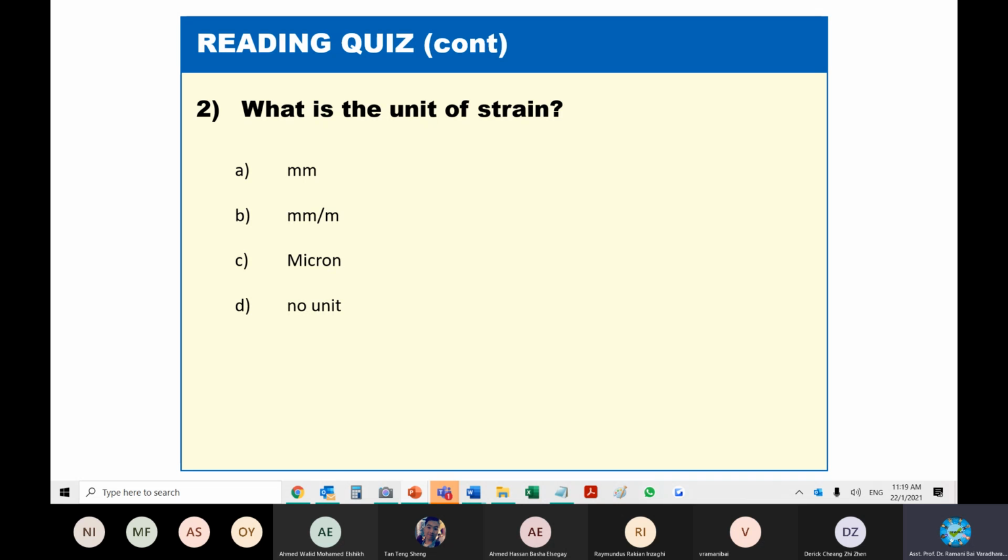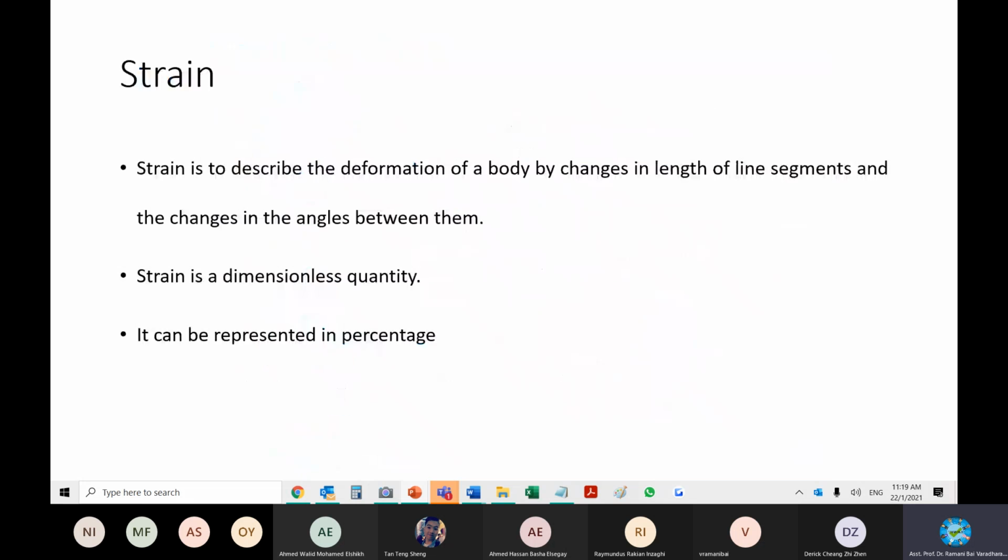What is the unit for strain? Just now I said, what is the unit for strain? Dimensionless.